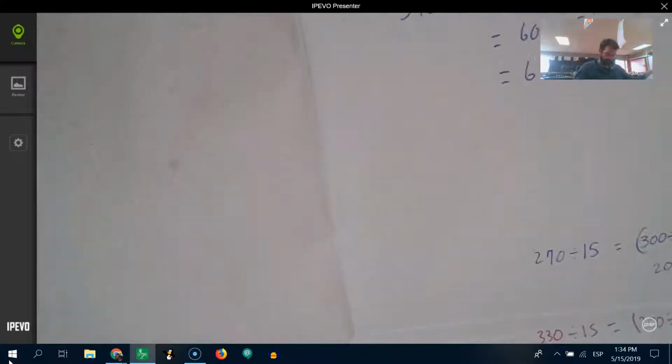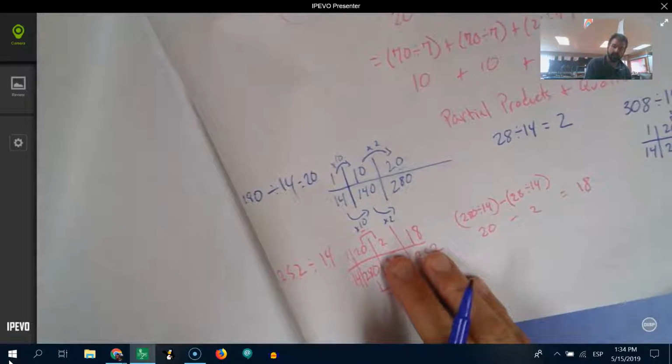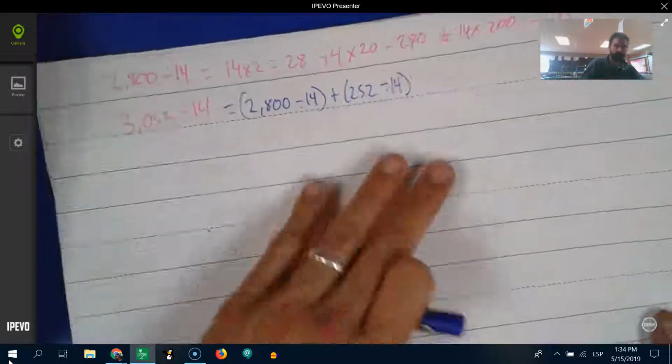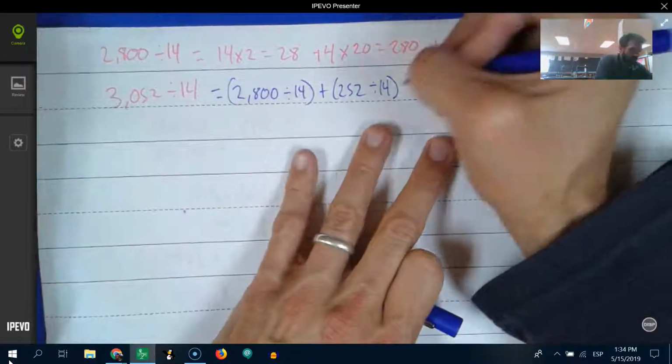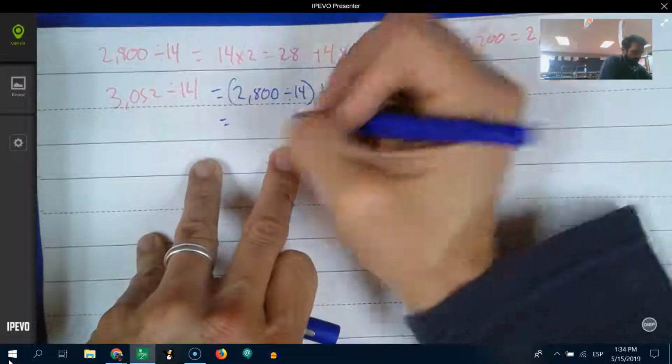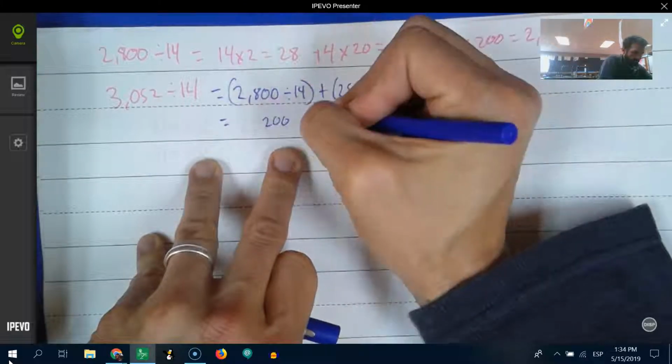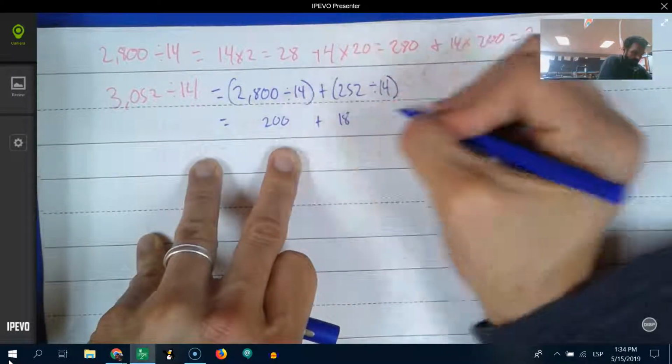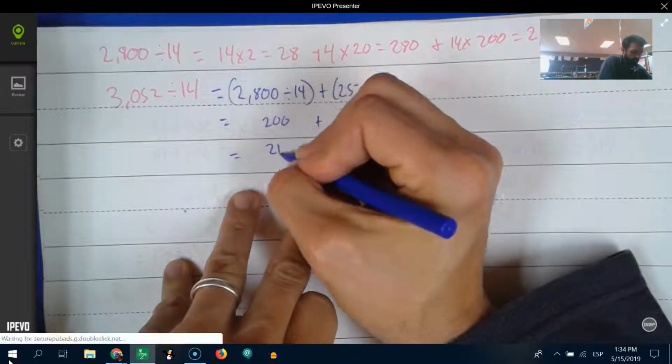Remember, we solved that one over here somewhere. Where was it? Here. Right, that was 18. And that's going to give us 200 plus 18, so that's going to give us 218.